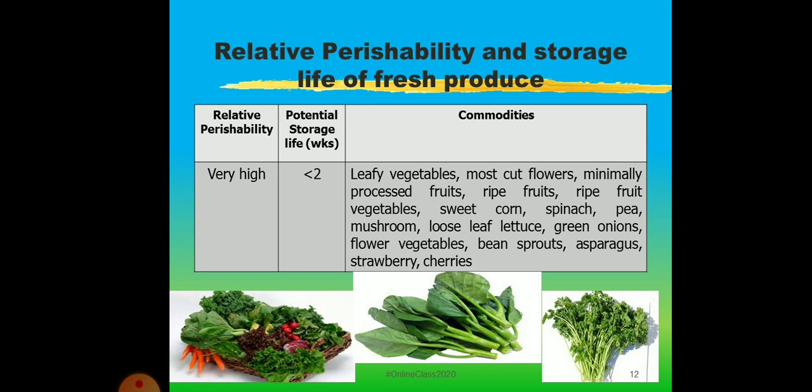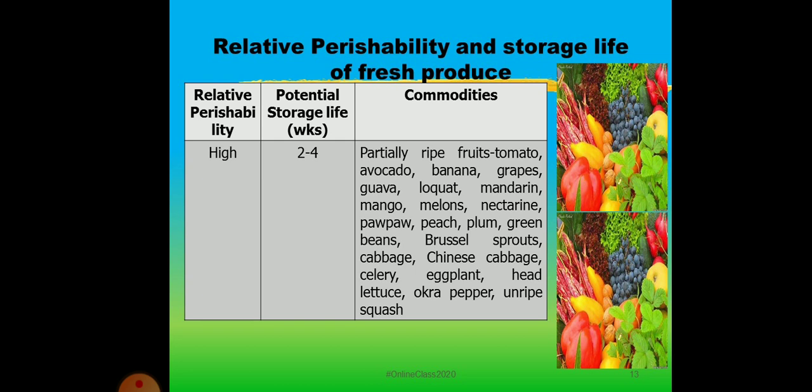Okay, next. Next classification in terms of relative perishability and storage life of the produce, we have here the high perishables, which can be stored for at least 2 to 4 weeks.